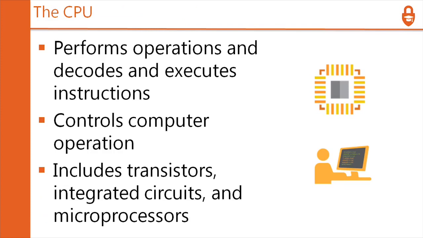The transistors are switches, so they're either on or off. The integrated circuits perform some logical operation like ANDs and ORs. And the microprocessors can do all of the above. They can have more transistors and more integrated circuits. Integrated circuits just shortcut specific operations, for example addressing a bus.